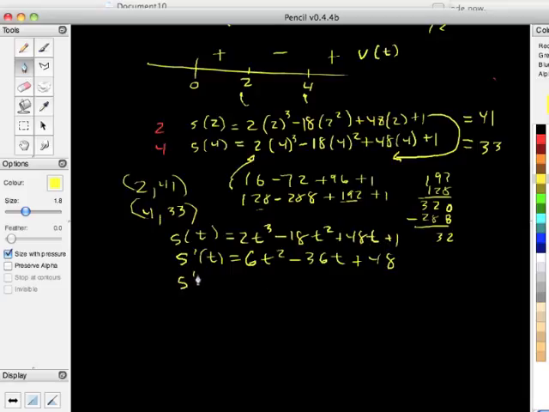And our second derivative is our acceleration. So there we have position, velocity, and acceleration, and that's equal to 12t minus 36. So we need to find s of 1, s prime of 1, s double prime of 1.